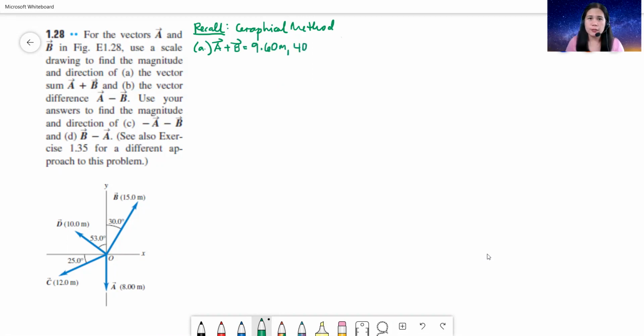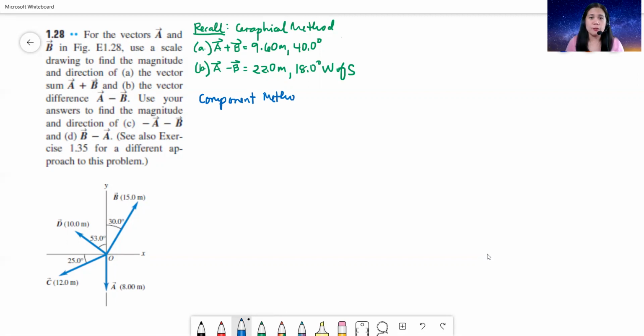Direction is 40 degrees standard position angle. And then our answer for letter B, the vector difference between A and B, we had 22.0 meters at, let's say, 18 degrees west of south. Ayan, with respect to south. So let's use the component method this time, and compare our answers kung malapit lang ba or masyado bang malaki ang percent difference.